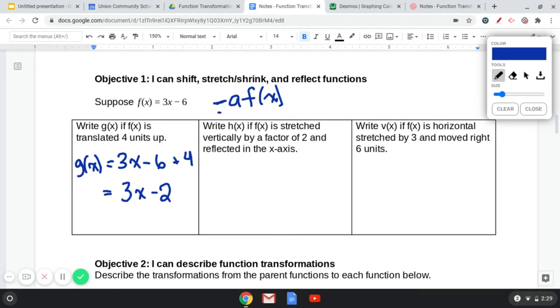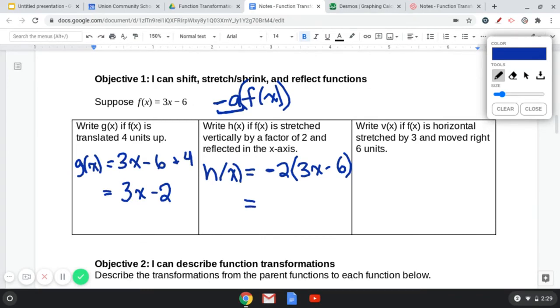And keep in mind, we're going to multiply this negative a times the entire function f of x. So we're going to apply that. So we're going to write h of x is equal to, okay, we're going to stretch vertically by a factor of 2 and reflect in the x-axis. This is going to be a negative 2 times our entire original function, which is 3x minus 6.